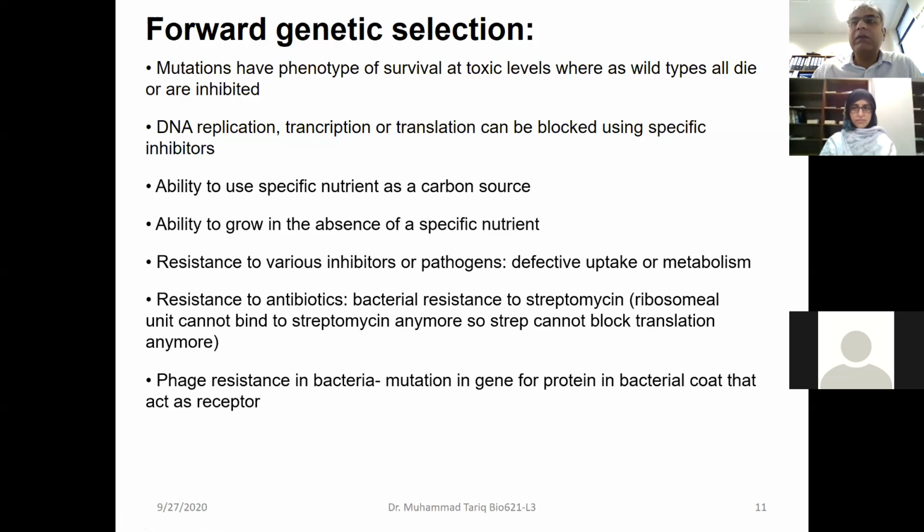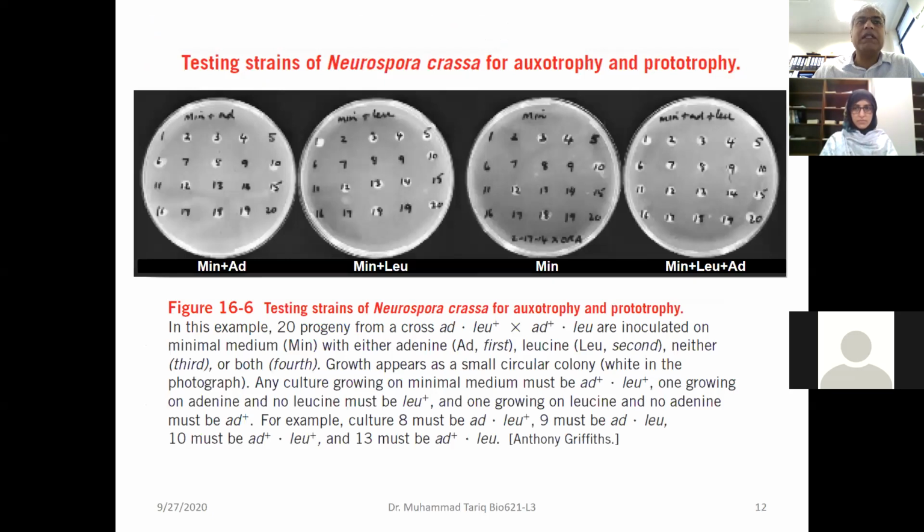You may be working with bacteria, so you want to learn about how bacteria resist viruses, or herbicide resistance. I told you how you do these screens. For example, here is an amino acid biosynthesis screen done in Neurospora crassa.